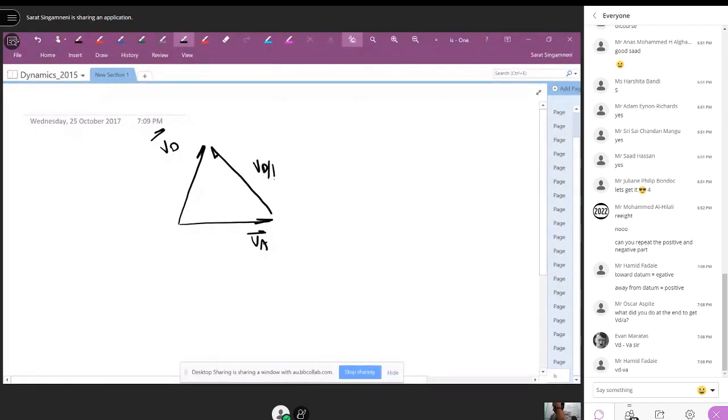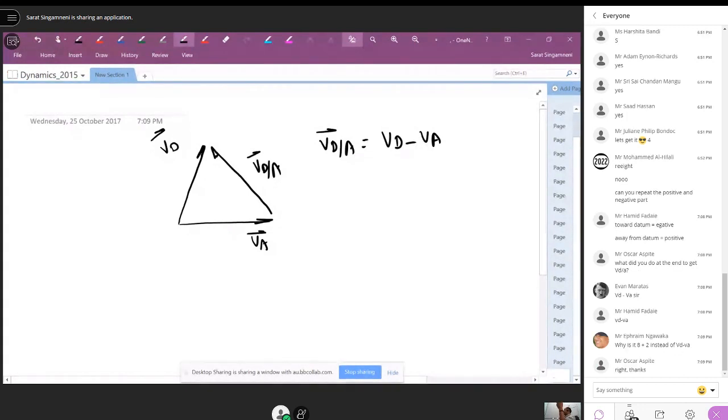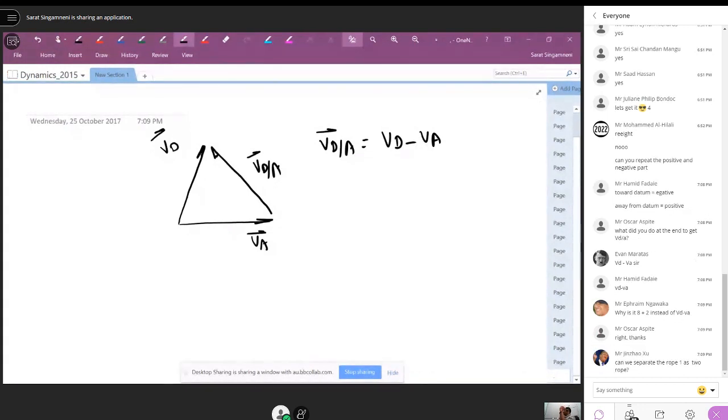Velocity of D with respect to A is equal to VD minus VA, right? If you write it as vectors, it will automatically take care of the directions. But when one guy is going down with 8 meter per second, and the other guy is moving up with 2 meter per second, when you sit here and look at that guy, he will appear to be moving up with 10 meter per second.